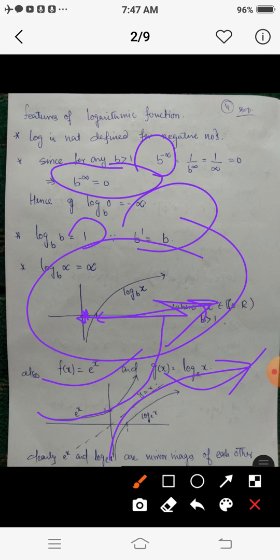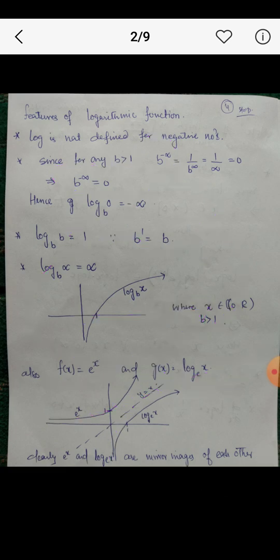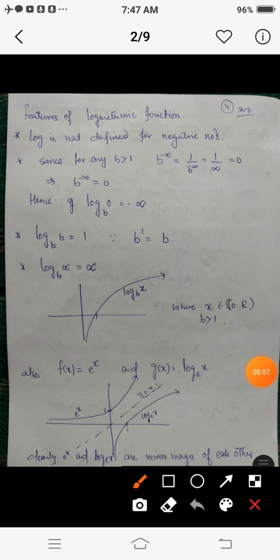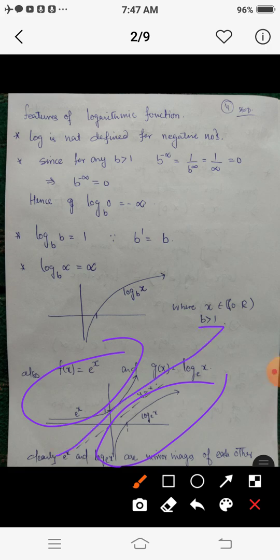Here if we draw a line passing through the origin as y equals x, then clearly these two graphs, the graph of e raised to power x and the graph of log of x with base e, are mirror images through y equals x. When we have two graphs which are mirror images of each other through y equals x, then we say that these are inverses of each other.